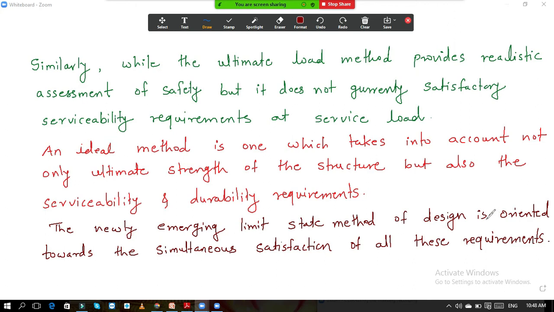Okay, so this new method, which is the limit state method, gives the simultaneous satisfaction of all the requirements.